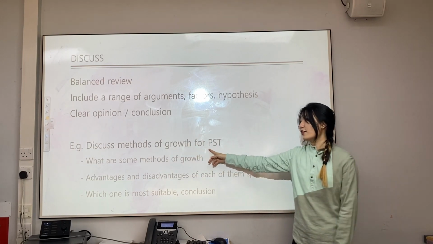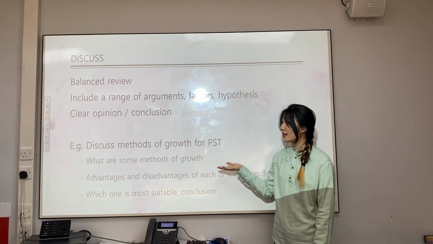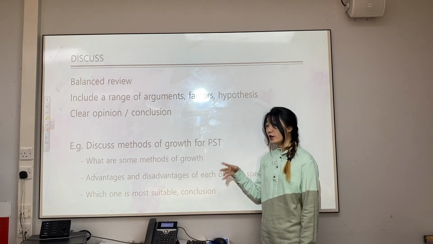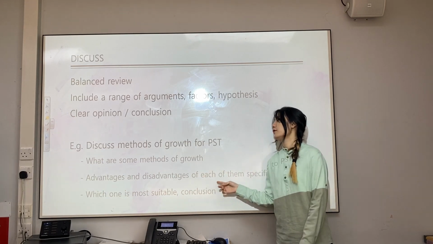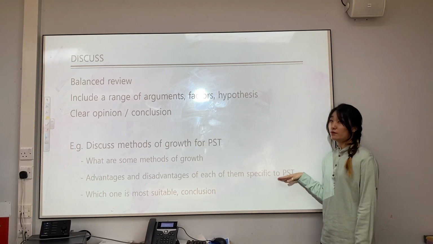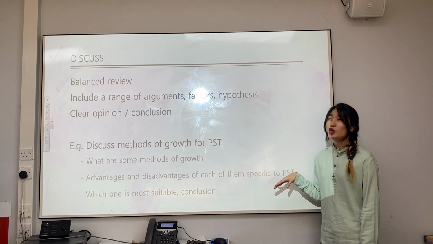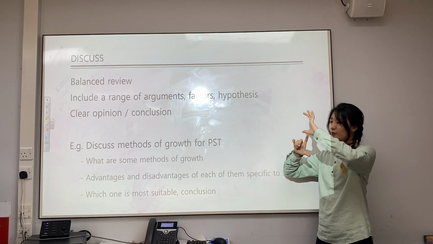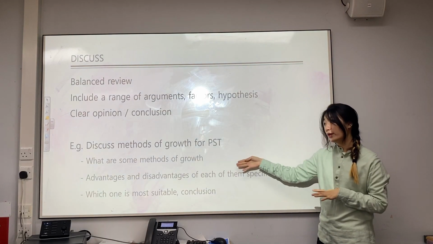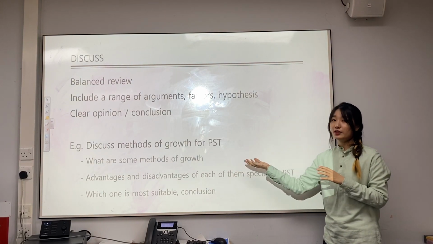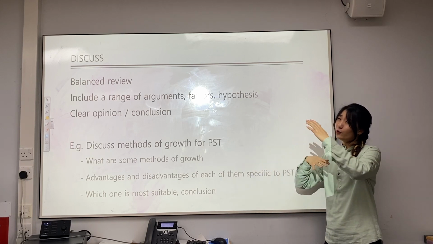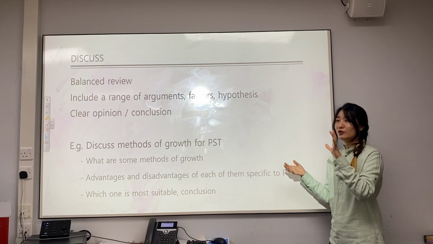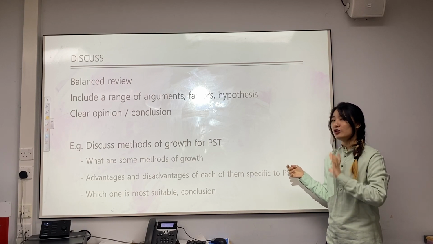If it says discuss the growth method, discuss methods of growth, you're going to list out the methods of growth, and we have 4. Give advantages and disadvantages of each of them. It doesn't mean you have to use the exact amount of space within your page for each of them. If you have one preference, you could write more about that, but overall, it has to be approximately a decent amount of writing for each option.